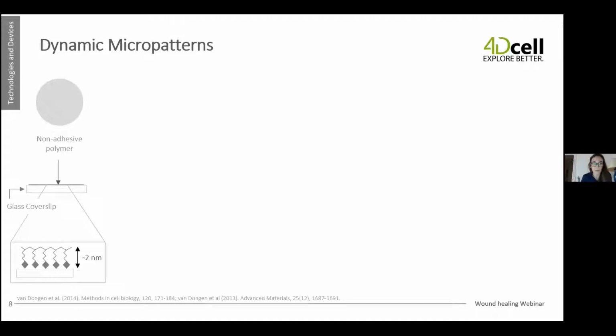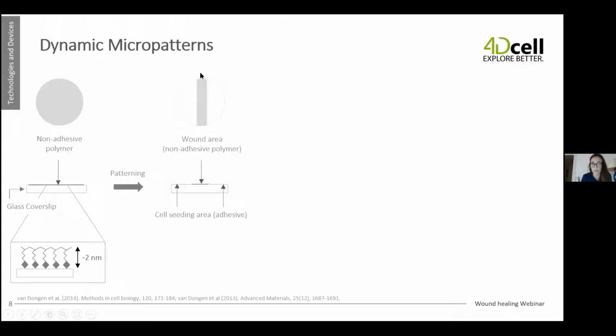So basically what we have is a glass cover slip, for example, coated with a non-adhesive polymer, which we can then print with a specific pattern, a specific design that we made for wound healing. Once you proceed with the patterning process, some areas of the glass become adherent, which leads to this kind of feature.